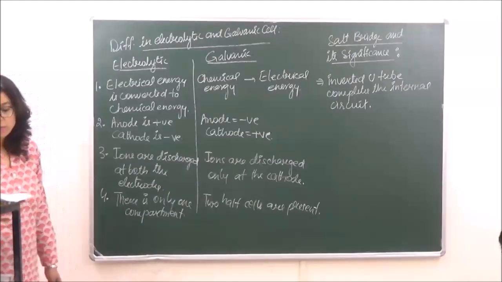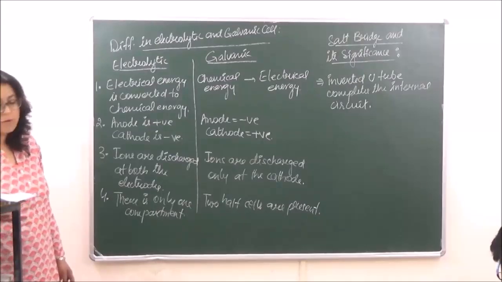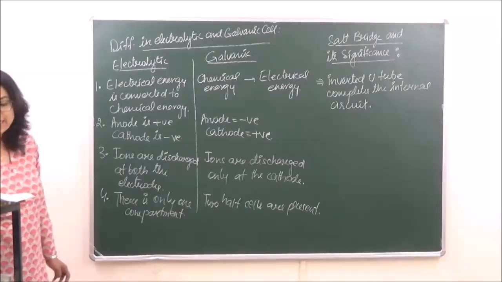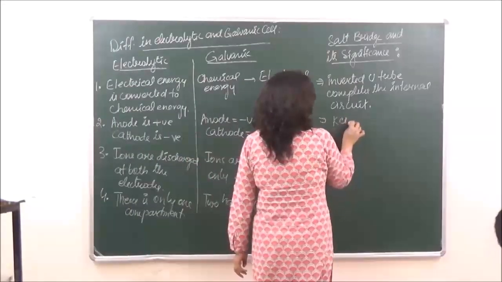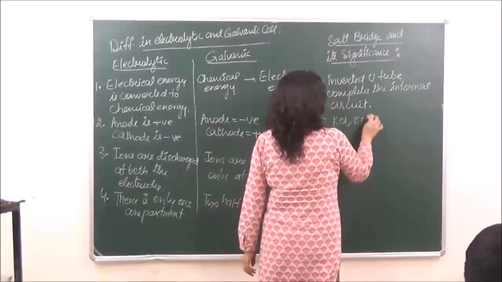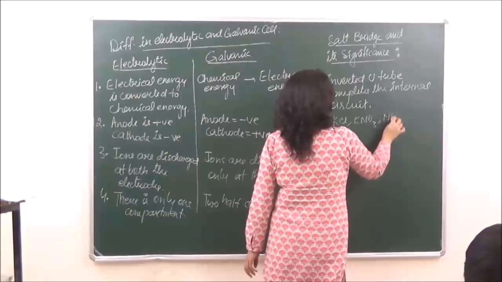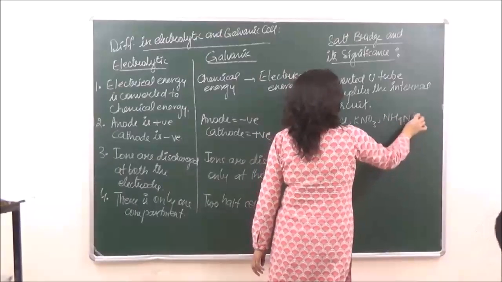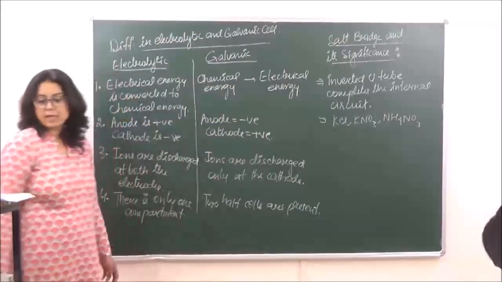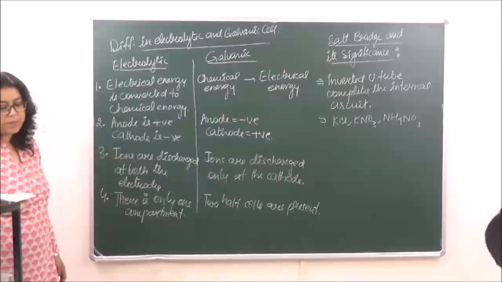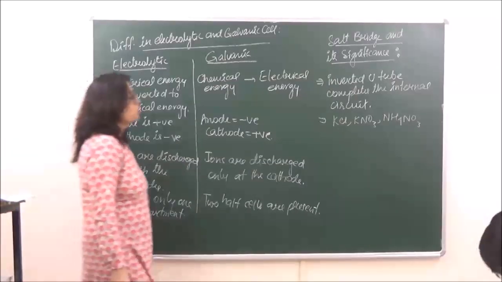Now, a salt bridge generally consists of electrolytes like KCl, KNO3 and ammonium nitrate. Okay? So, these are the electrolytes which are going to be present. How do we prepare the salt bridge?